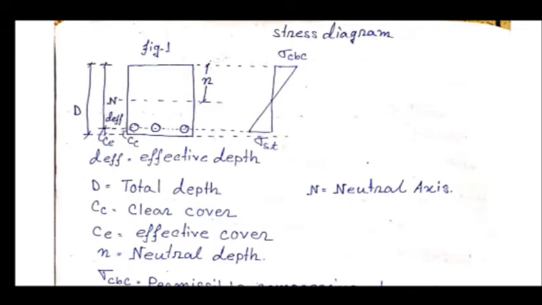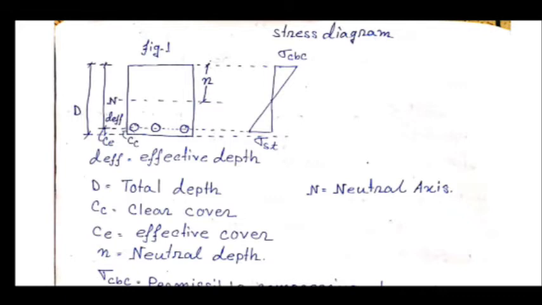That's why in the tension zone reinforcement is necessary. In the upper portion reinforcement is also given, but mainly to make the mesh. From the top fiber to the neutral axis is the depth of the neutral axis. In the working stress method, this is denoted by small n.